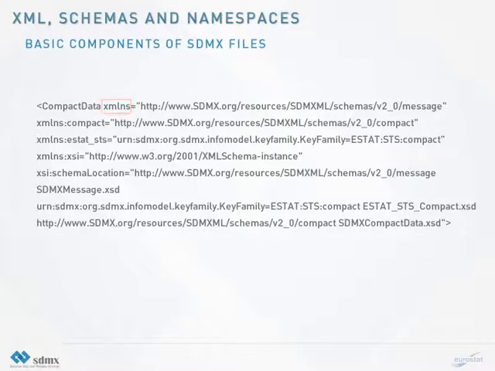The basic one, the one corresponding to the domain of the data file and DSD, the one related to the compact format, and the one related to the schema instance. Once all the namespaces are described, to declare the schemas against which the compact file will be validated, the XSI schema location element is used.